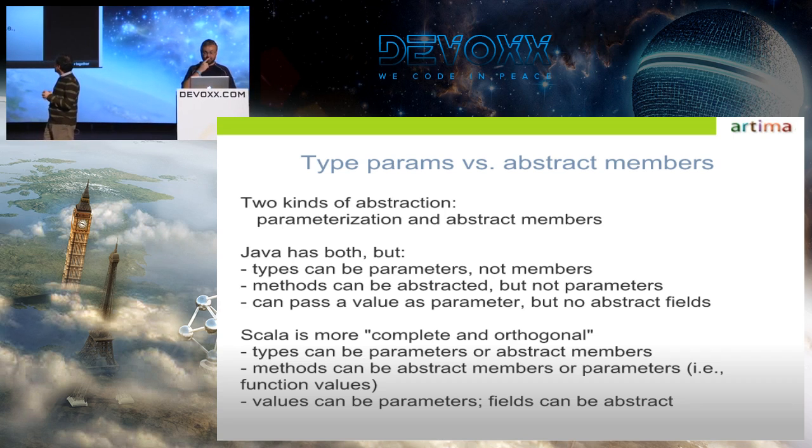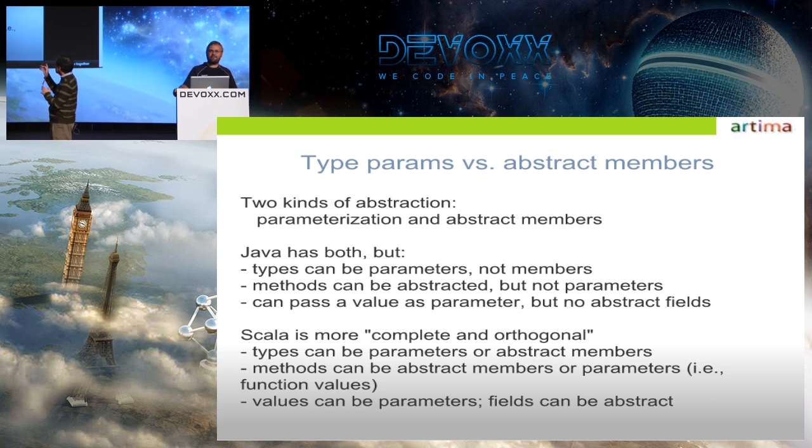Since we didn't talk about abstract members, I'm not sure how valuable this will be, but one thing about Scala is it's got a lot of stuff in it. And Martin Odersky, who designed the language, wanted to make it orthogonal. That's the word he used. So that there aren't special rules that this thing only works here and it doesn't work over there.